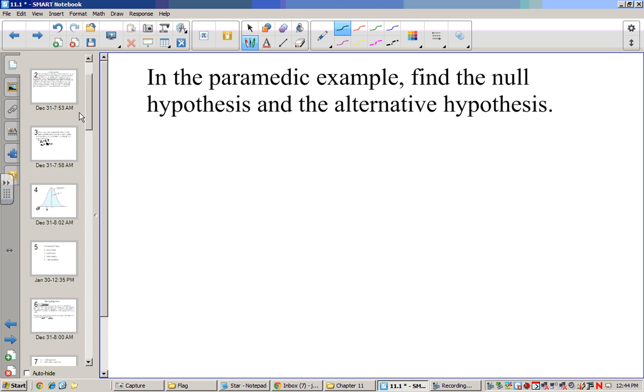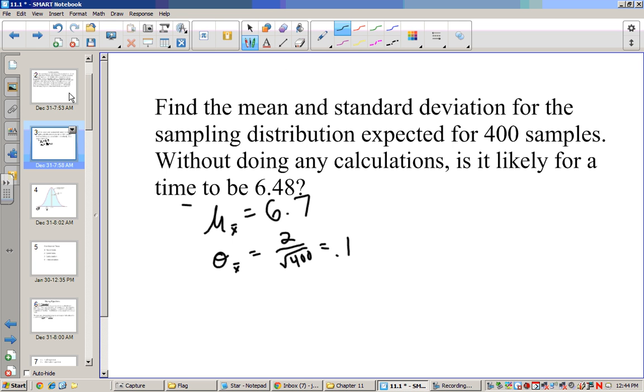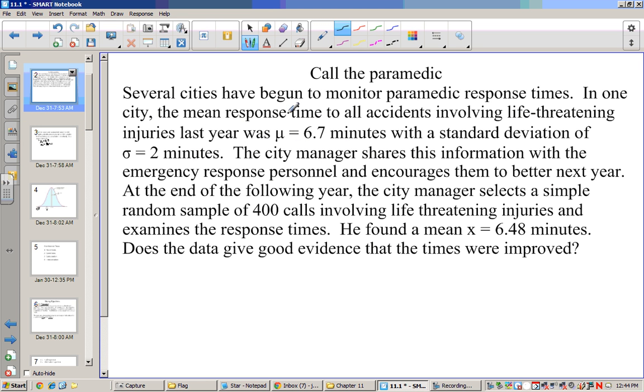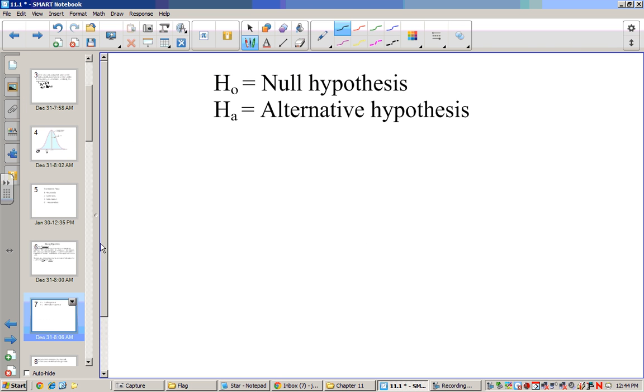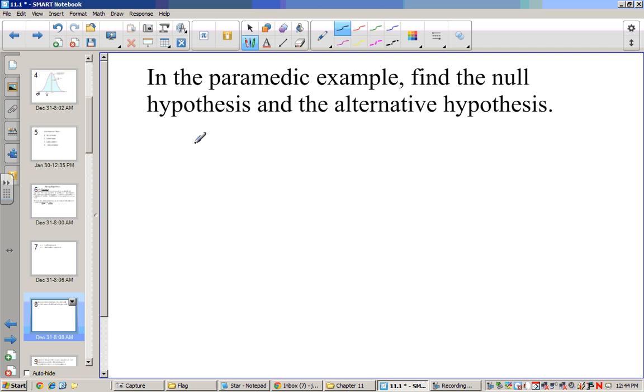In our previous example, we thought that the mean was going to be 6.7. So we write the mean is 6.7. If nothing changes, that's going to be our null hypothesis.